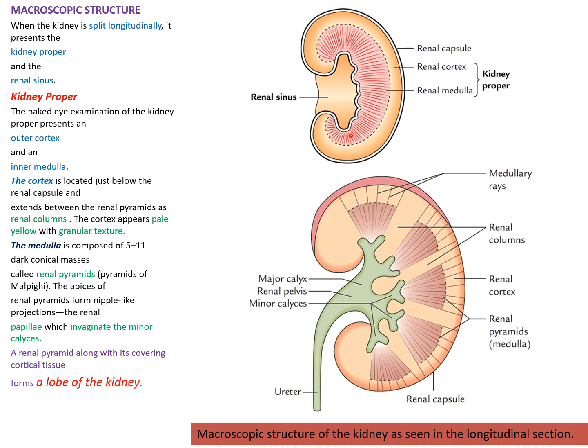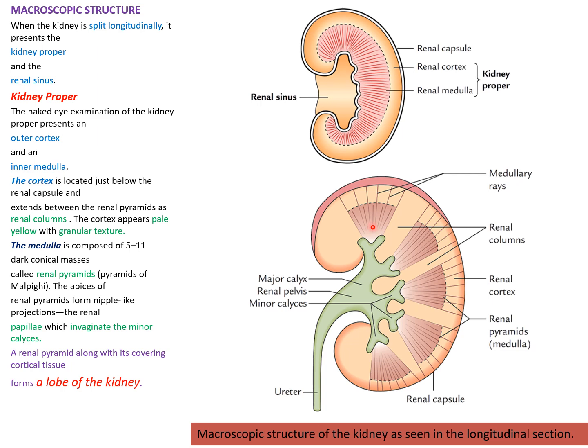This is the medulla. The medulla consists of 5 to 11 dark conical masses called renal pyramids. This is one renal pyramid, this is another renal pyramid, and so on. A renal pyramid has a base and an apex. The apex of the renal pyramid forms nipple-like projections called renal papilla.